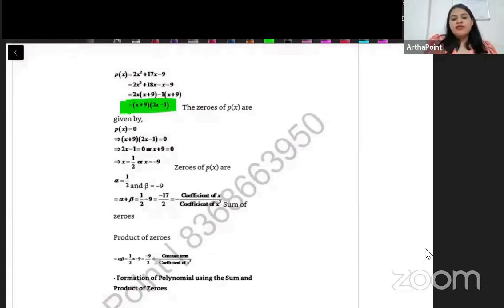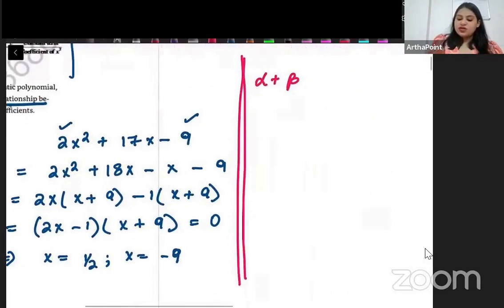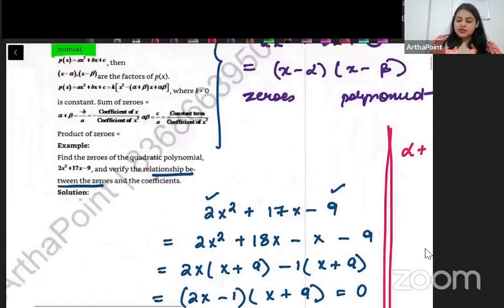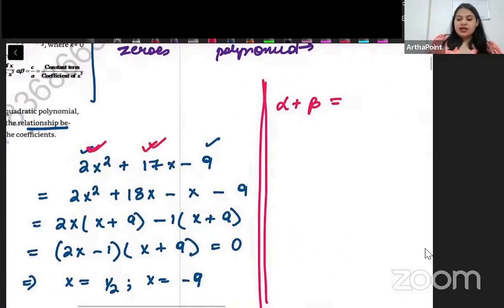So you will have x either as half or x as minus 9. Okay, so now we want the sum of zeros to be minus b by a. So this is what we want to verify. So alpha plus beta will be minus b by a.